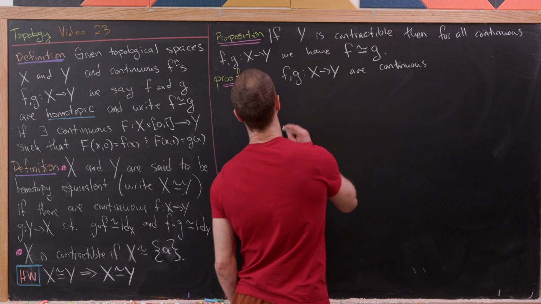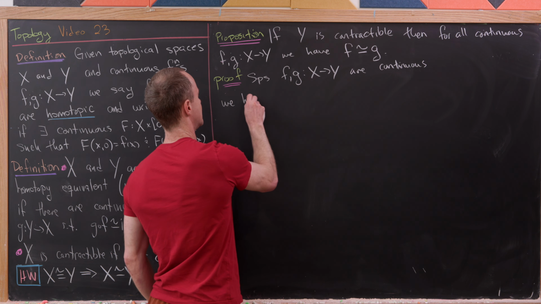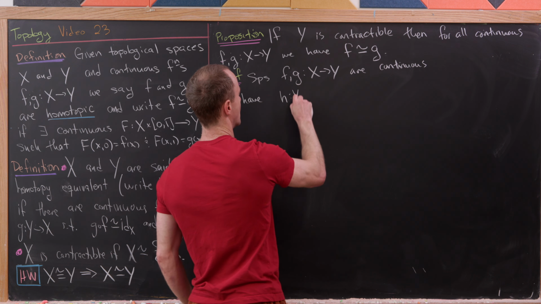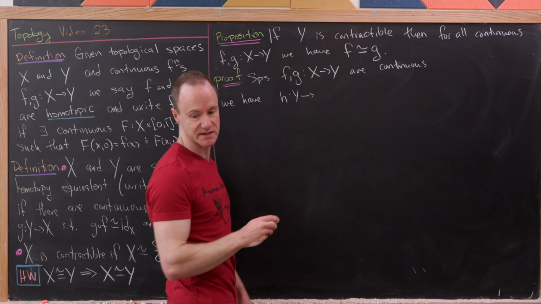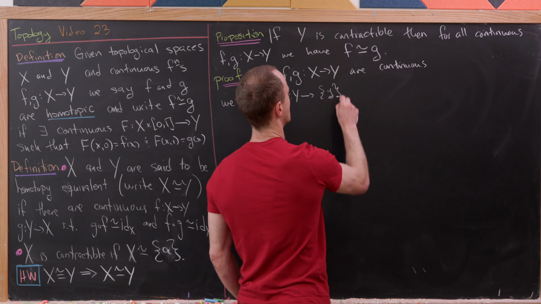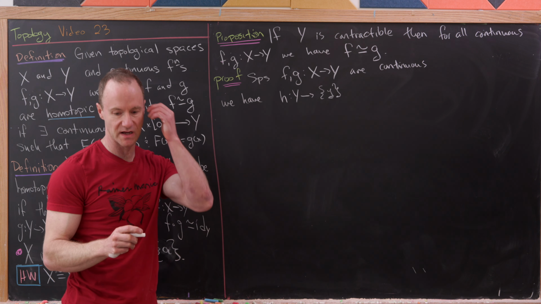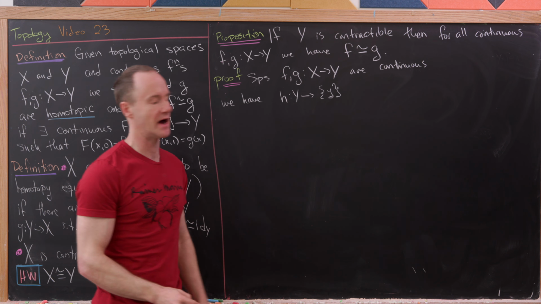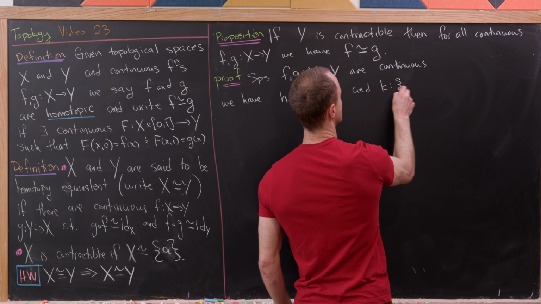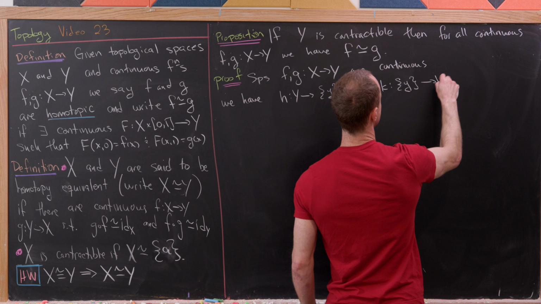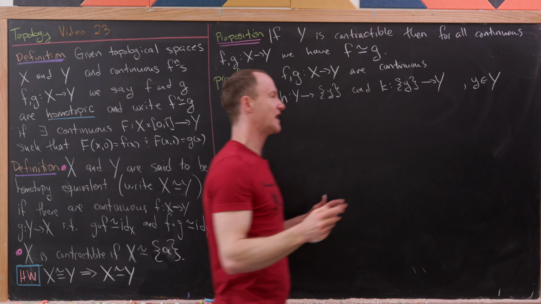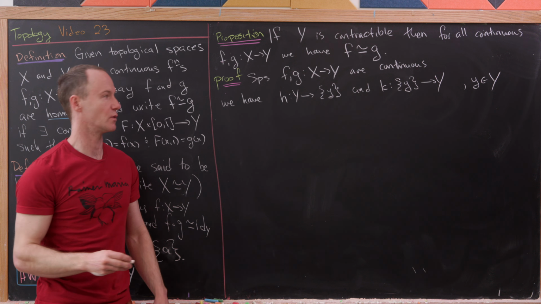And so let's note that we have these two functions. We'll say h goes from Y to our single point, and we'll call that single point little y. We'll just take a 1-point subspace of capital Y, if you will. Okay, so we've got that, and then we've got k, which goes from our singleton y to our whole set Y. And again, y is just some fixed point within Y. It doesn't matter which one.